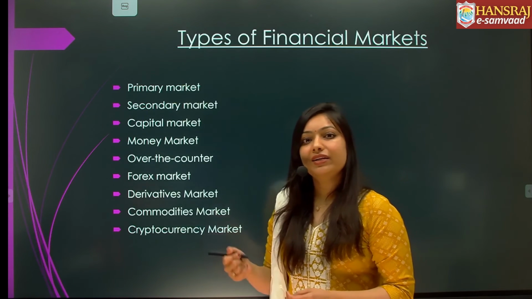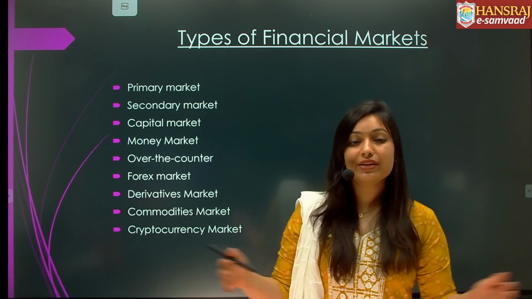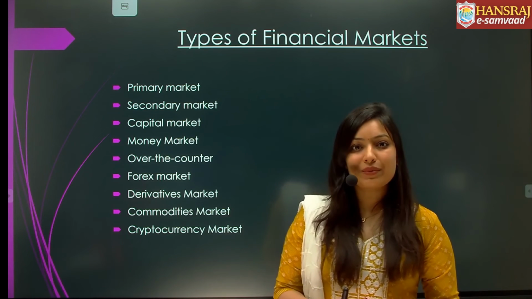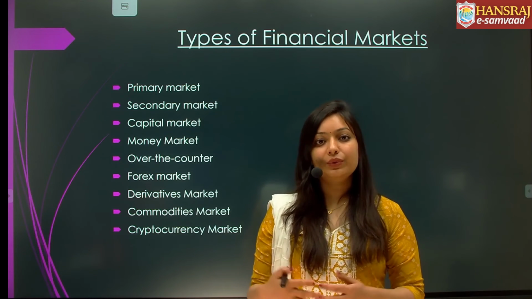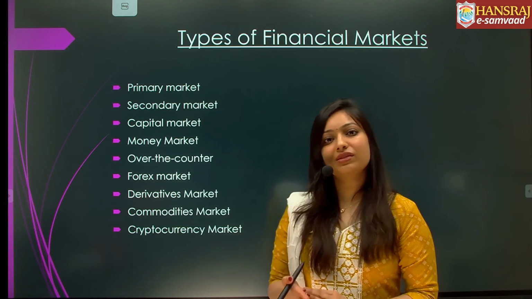After understanding the role of the financial markets and their basic introduction, there are various types of financial markets which exist. The first one is the primary market, in which new securities can be issued. Then we have the secondary market.